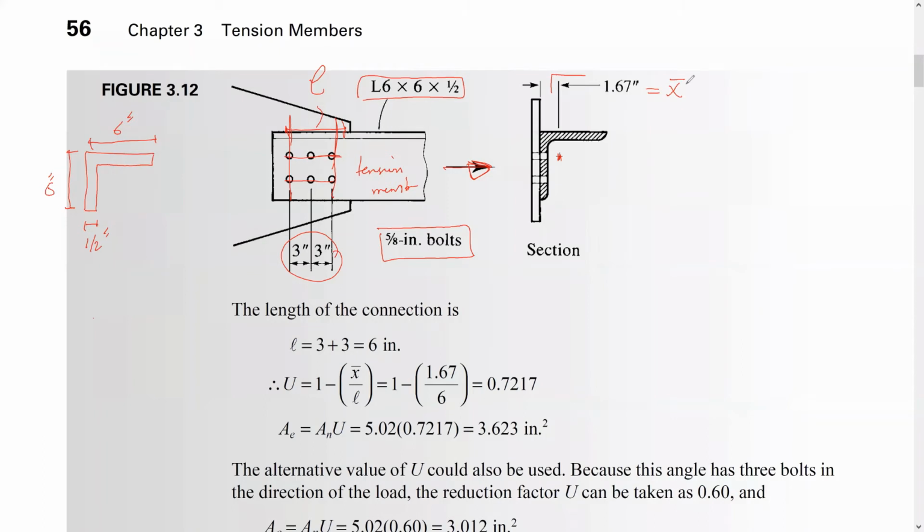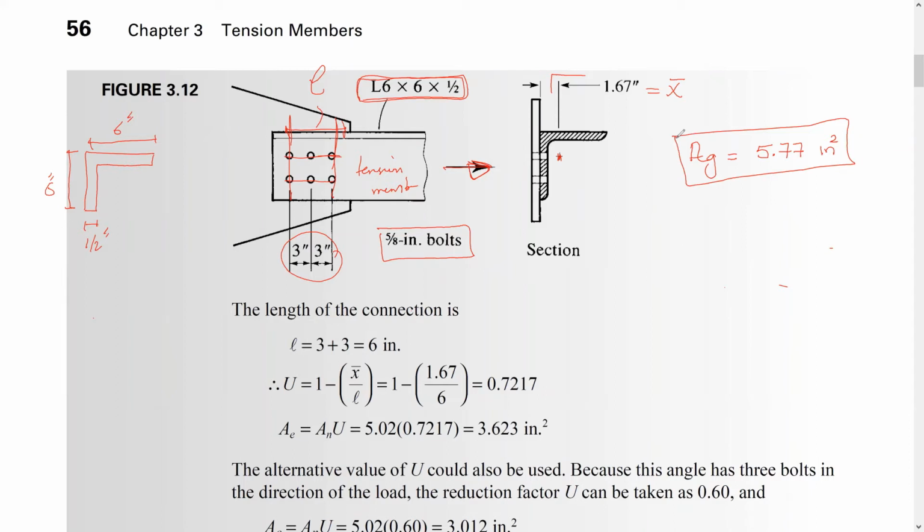So first of all, we need to get the gross area for the section, which is from the manual, part 1, as I did in the previous class. So here, if you go to the manual, you will get the gross area is equal to 5.77 inch square.